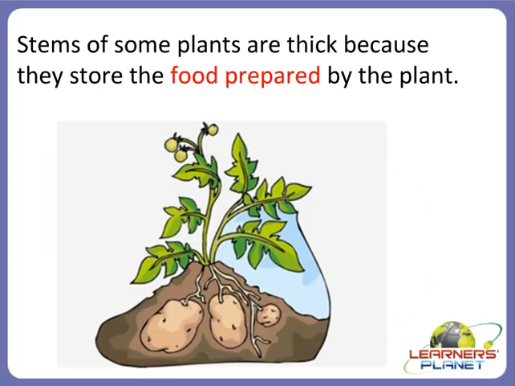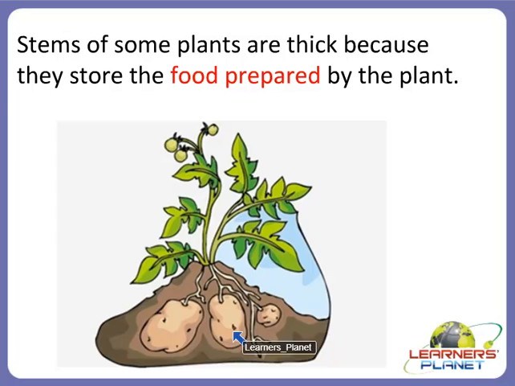Okay children, the fourth use of stem is that stems of some plants are thick because they store the food prepared by the plant. So children, we eat some of these stems.